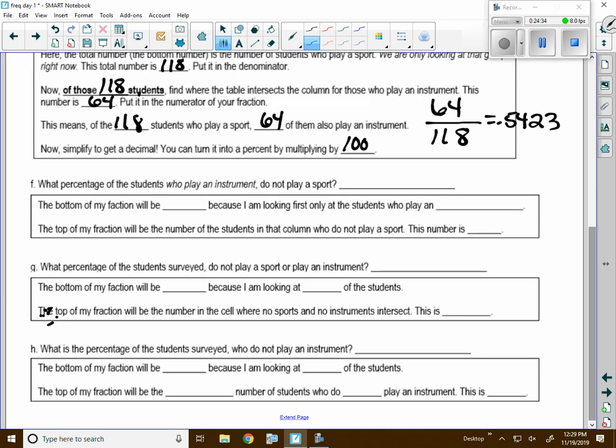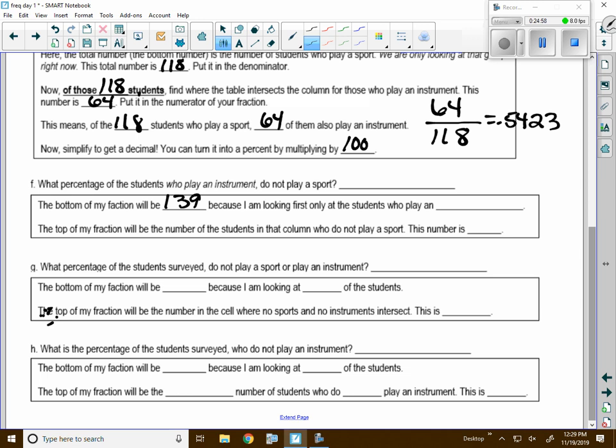Okay, part F. What percent of the students who play an instrument? Okay, so the bottom of the fraction will be what? 139, because if you look at instrument, which is this column right here, which is yes, and you look at that total, it's 139.